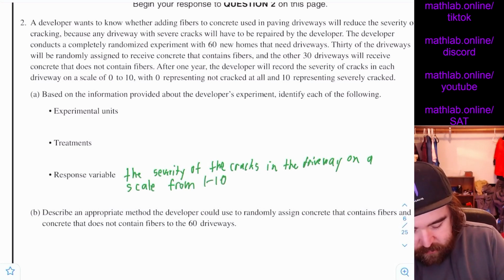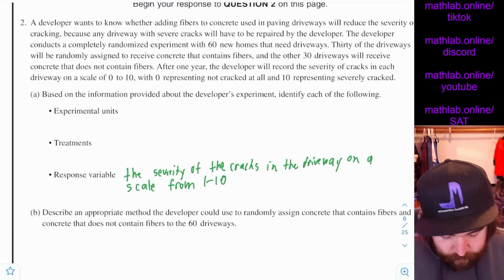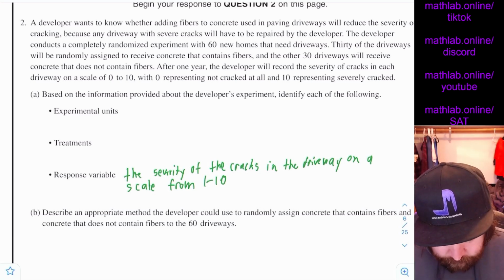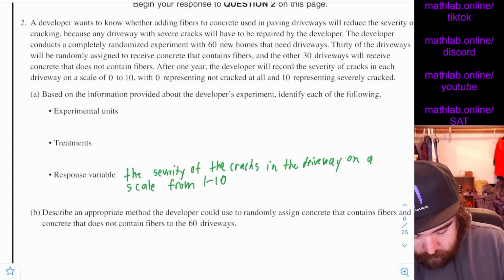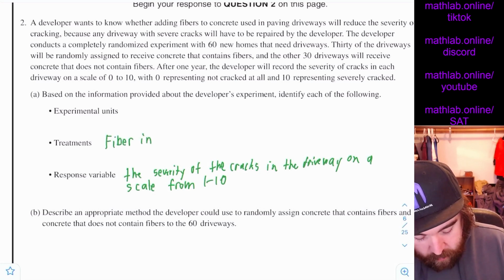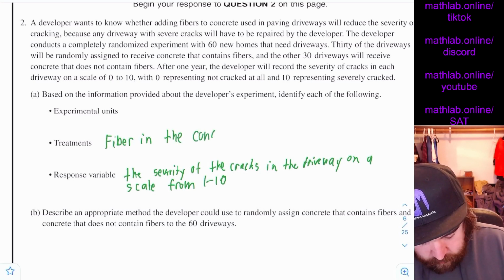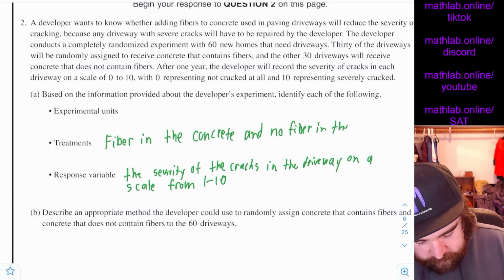The treatments, we have 2 treatments. We're doing fiber in the concrete and no fiber in the concrete.